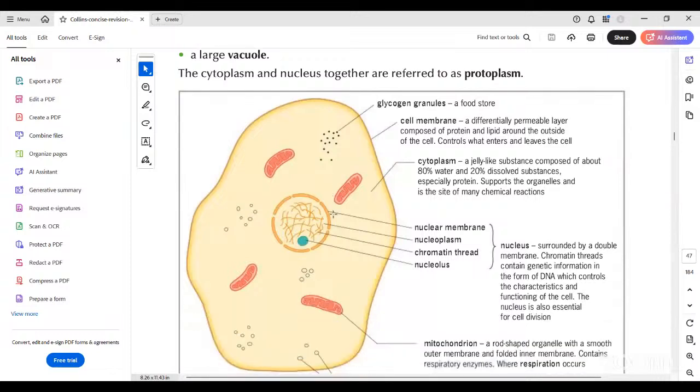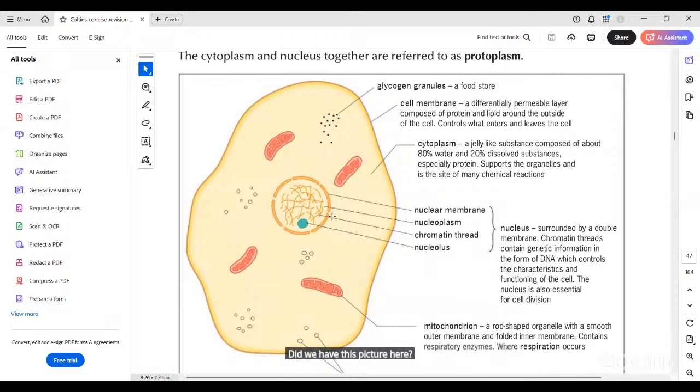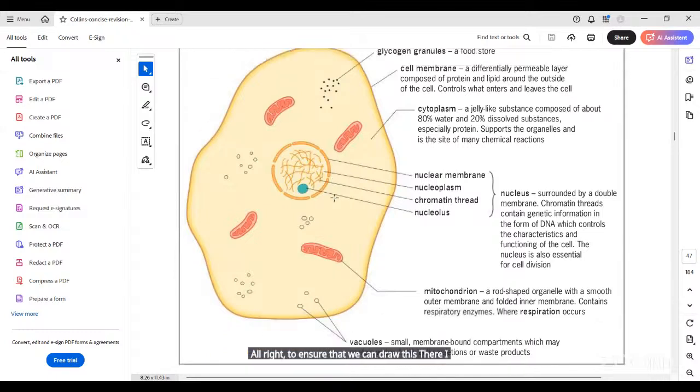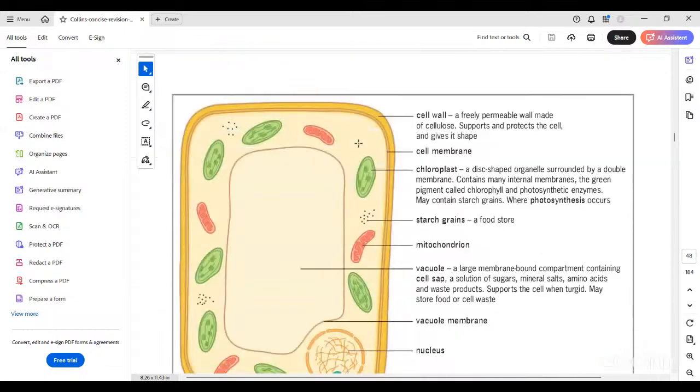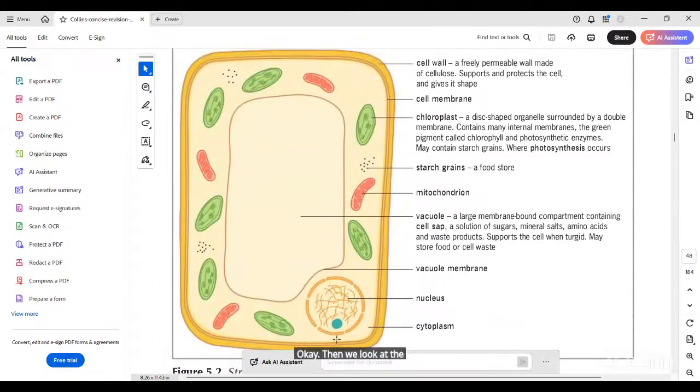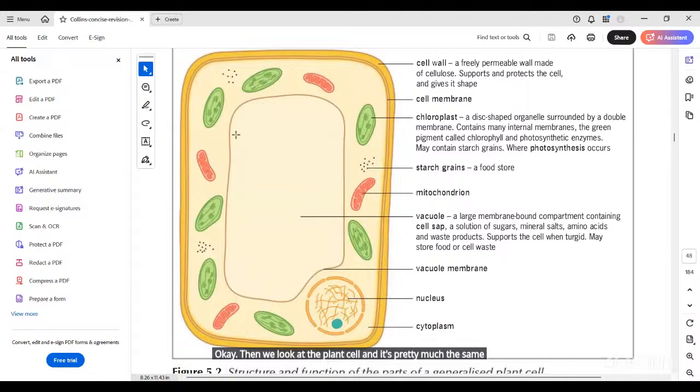Did we have this picture here? Yes, sir. All right, so ensure that we can draw this diagram. Cool? Then we look at the plant cell and it's pretty much the same except for the chloroplast and the rest of them.